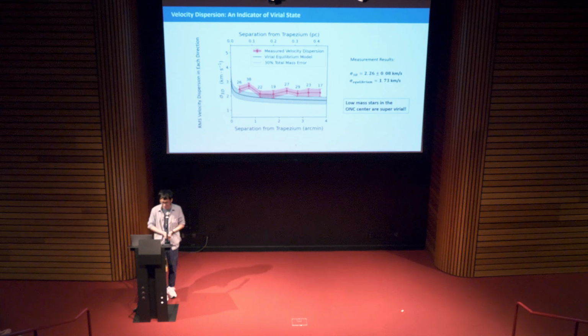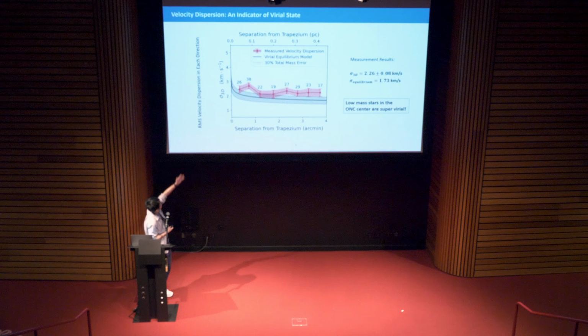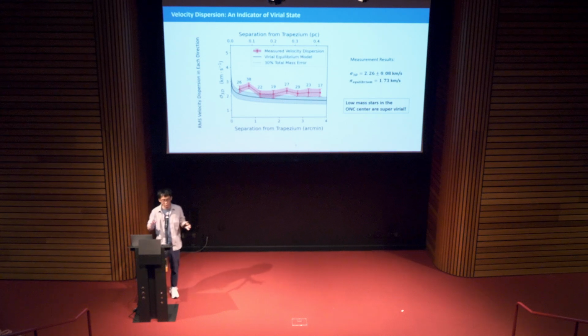As I mentioned earlier, we can also measure the velocity dispersion, which is an indicator of the virial state of the ONC. Here the red values show the 3D velocity dispersion, which is the root mean square of the velocity in every direction, versus the separation from the very center of the ONC, the Trapezium.